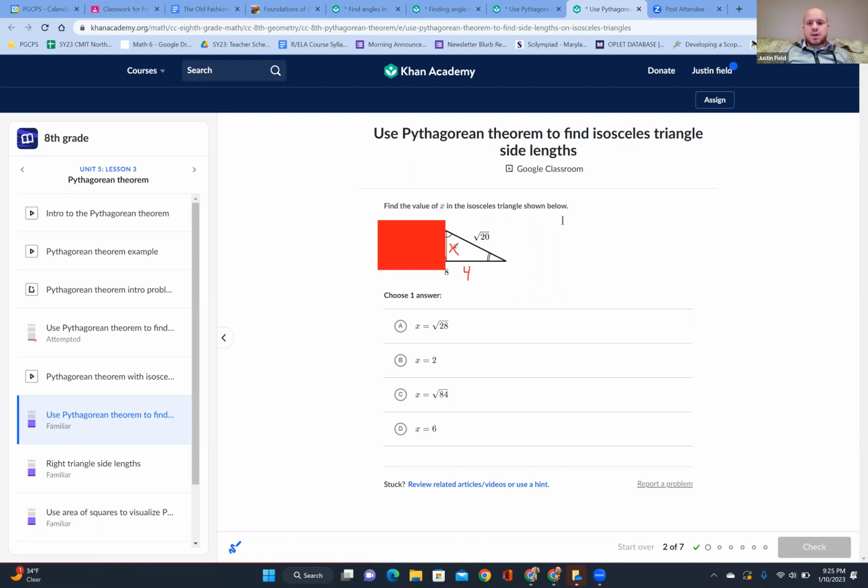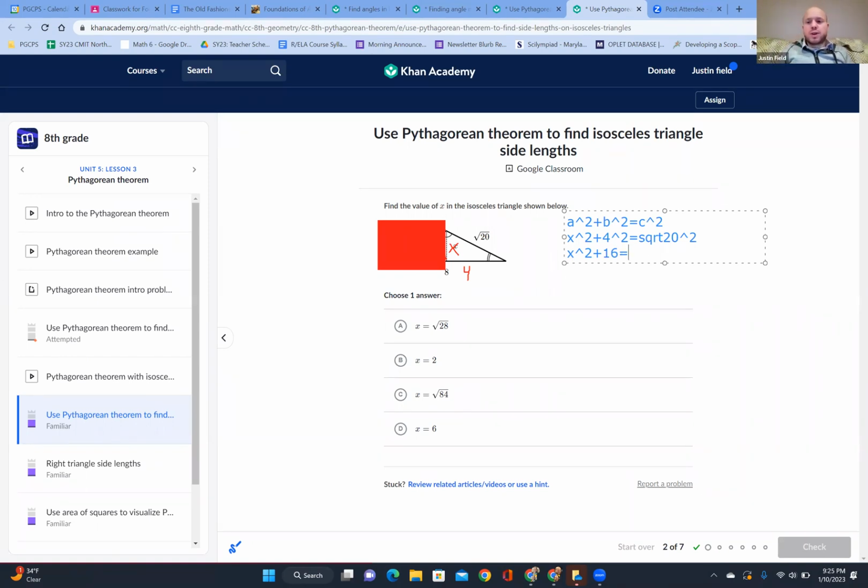So now I'm just going to go forward. A squared plus b squared equals c squared. x squared plus 4 squared equals the square root of 20 squared. Oh, okay, so now x squared plus 16, 4 squared is 16.